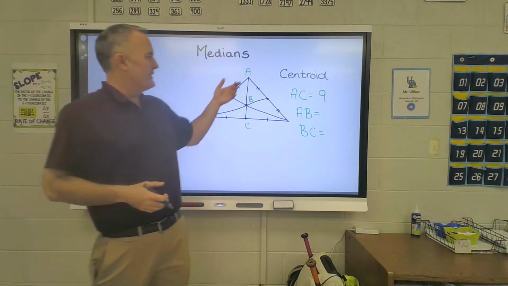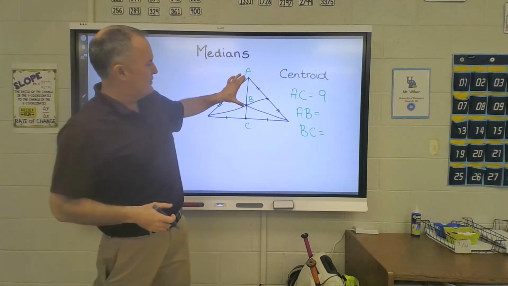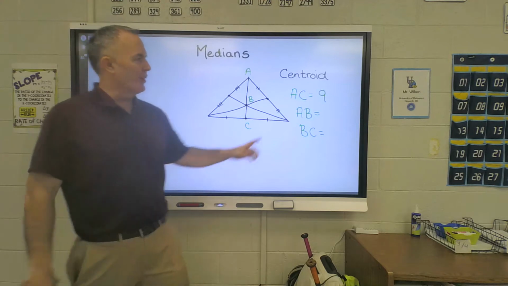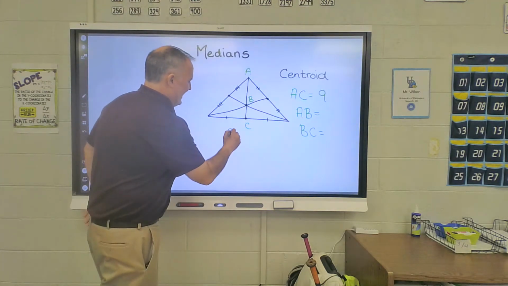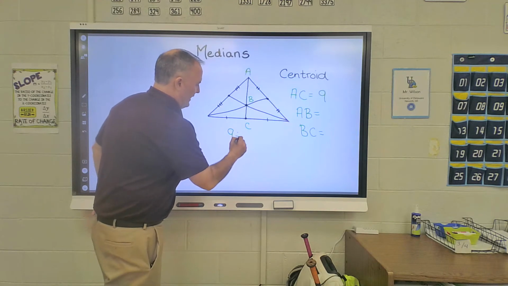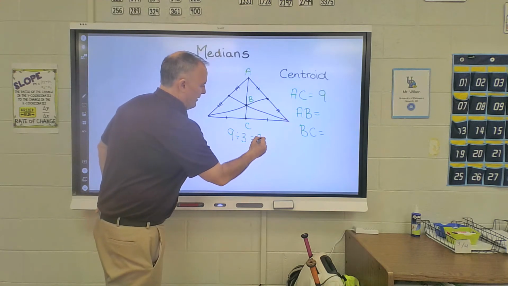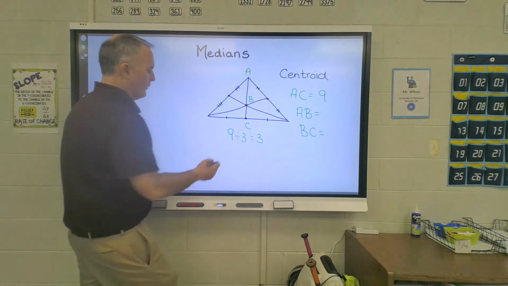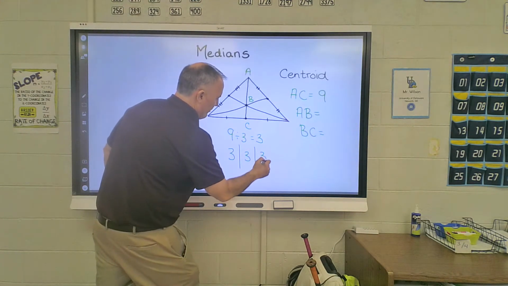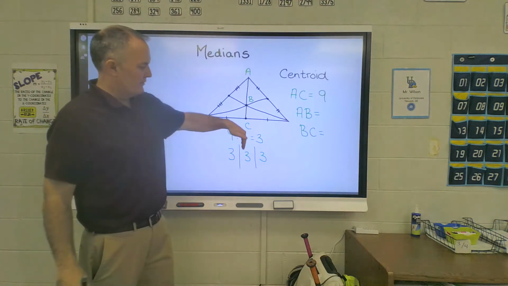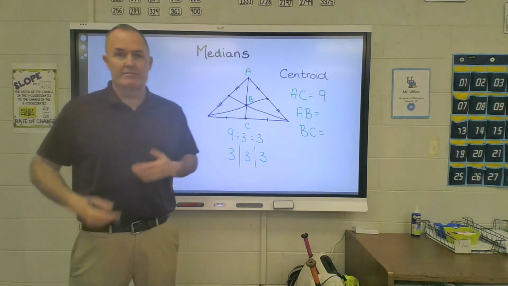The best thing to do is, since we know this is 2/3 and that's 1/3, we're going to take this number and divide it by 3. So if I take 9 and divide it by 3, I get 3. So really what I have is 3 parts of 3, because 3 plus 3 plus 3 is 9.